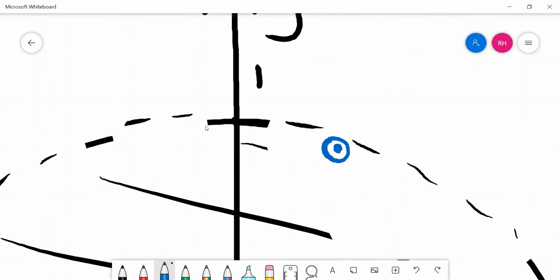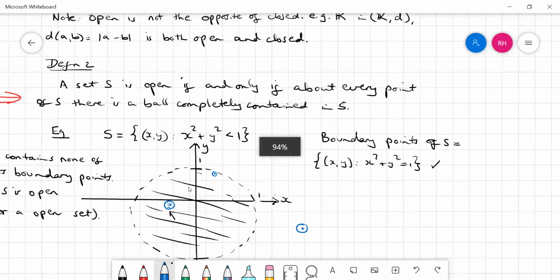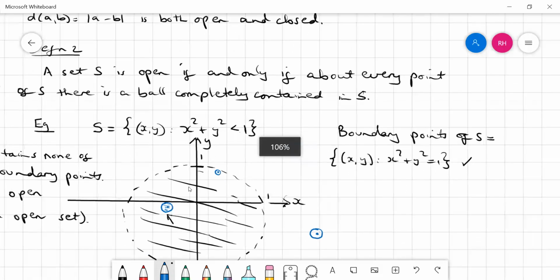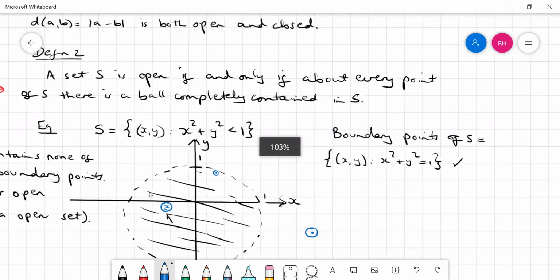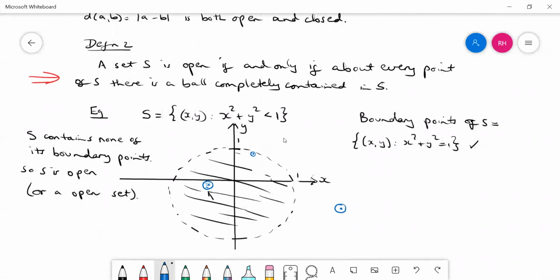And that circle is completely within S. So if I now go back to 100%, you can see that around every point in S, we can construct a ball, and the entire ball is in S. So that shows us again that S is open.